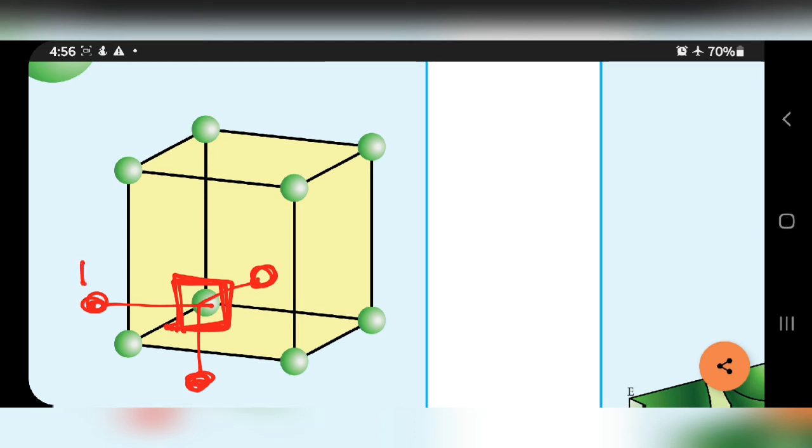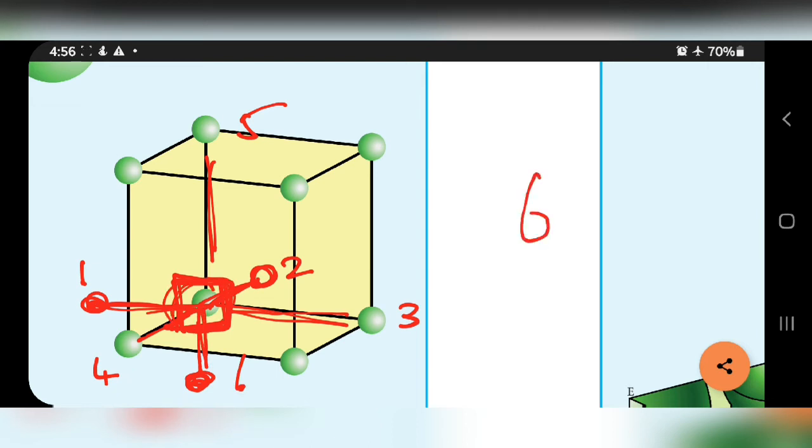1, 2, 3 and 4. These 4 atoms are connected by this line. And above the plane, 5, and below the plane, 6. So this atom is surrounded by 6 atoms, and that is called the coordination number.